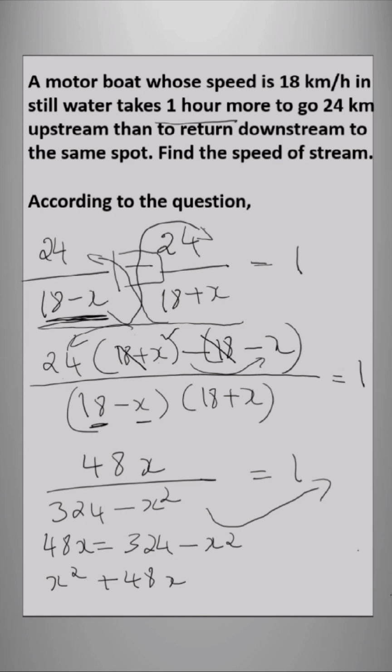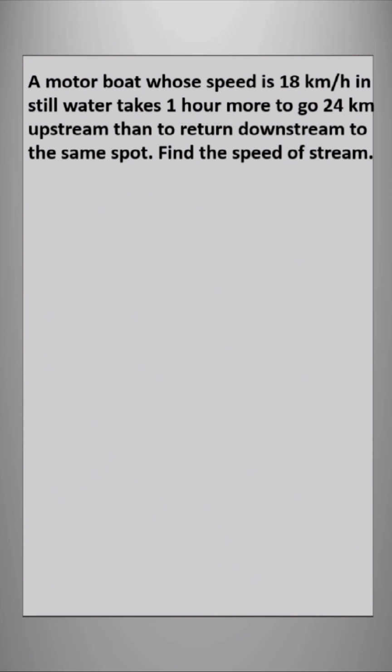If 324 is transposed to this side, it gains a negative sign. Negative of 324 is equal to 0. Now we have the equation in the standard form: x square plus 48x minus 324 is equal to 0.